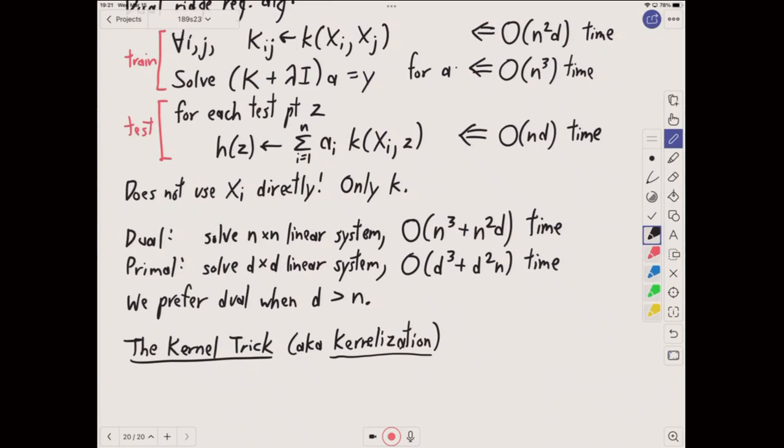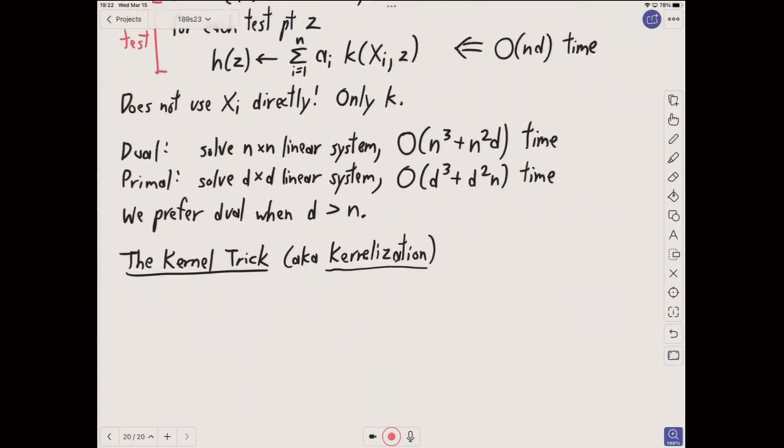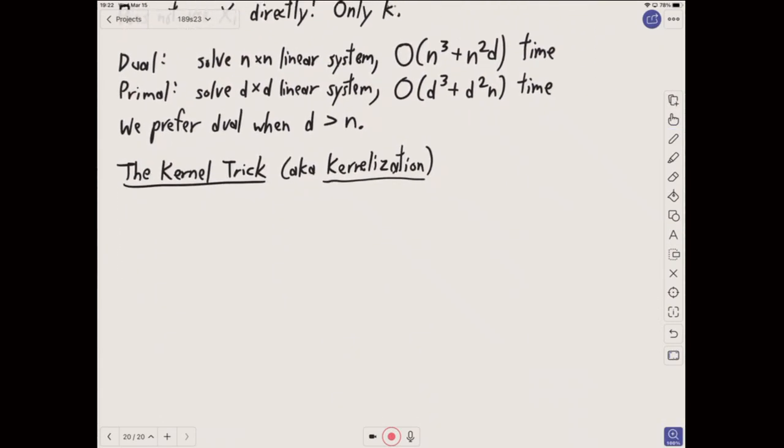The trick itself, well, one version of the trick is that we can compute a polynomial kernel that involves many, many monomial terms without ever computing those many, many monomial terms. So we can lift a point to 100 million dimensional space and only pay for 100 dimensional space in terms of computing time.